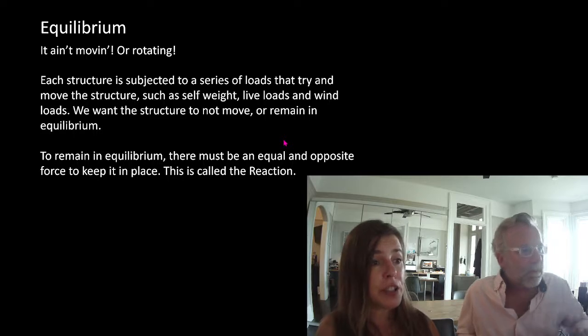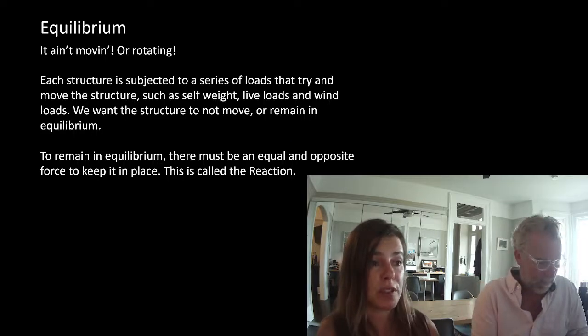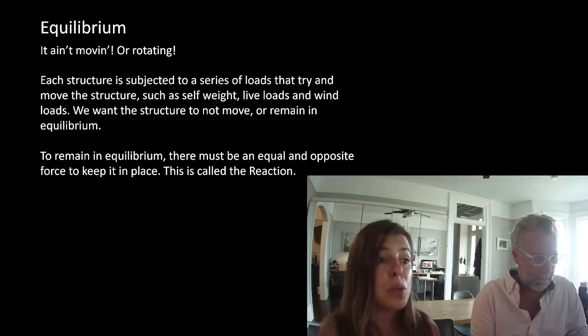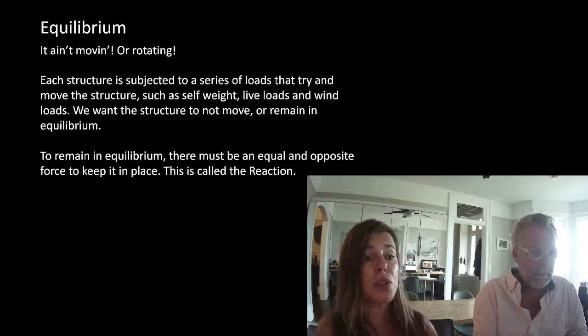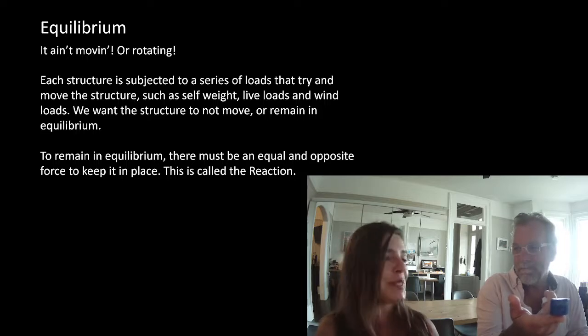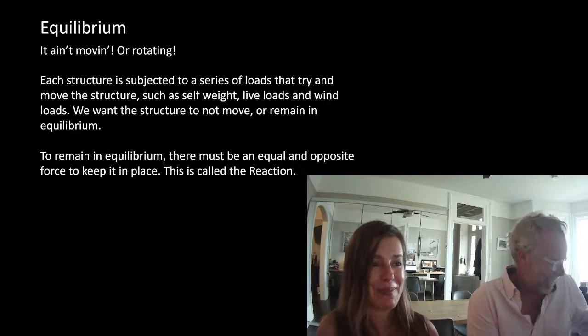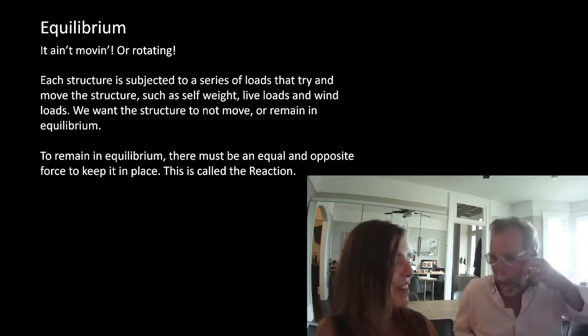Each structure is subjected to a series of loads that try and move the structure, such as self-weight loads and wind loads. We want the structure to not move or remain in equilibrium. To remain in equilibrium, there must be an equal and opposite force to keep it in place. This is called the reaction.